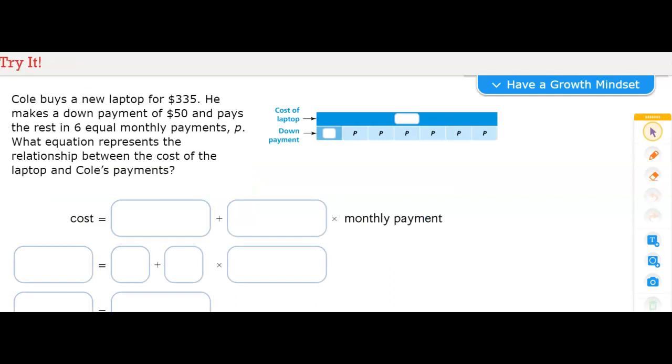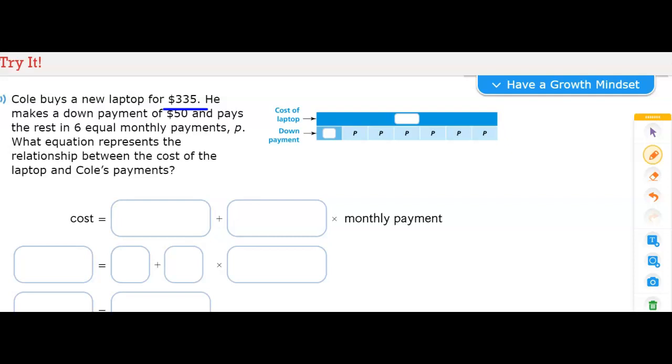Cole buys a new laptop for $335. He makes a down payment of $50 and pays the rest in 6 equal monthly payments, P. What equation represents the relationship between the cost of the laptop and Cole's payments? So let's outline the information we need from the problem. The laptop that Cole buys is $335.